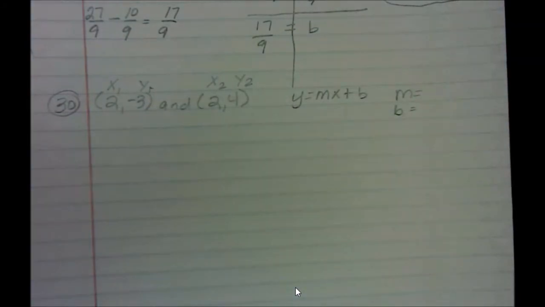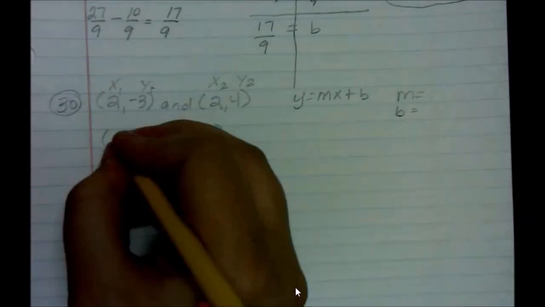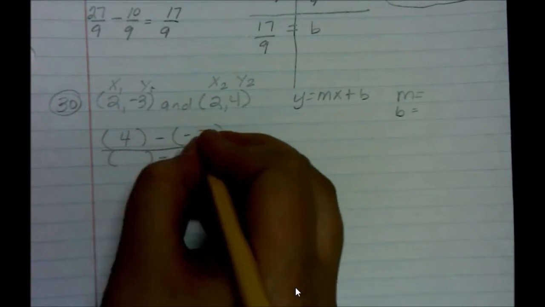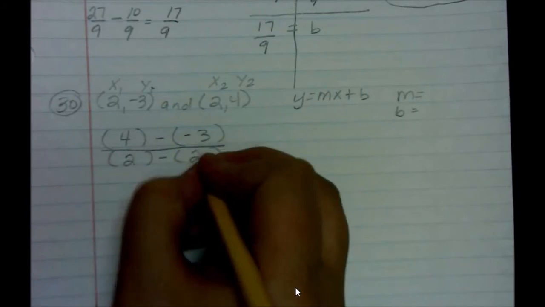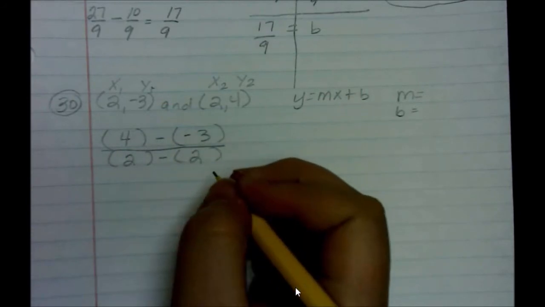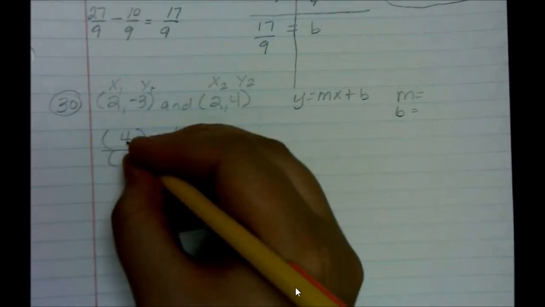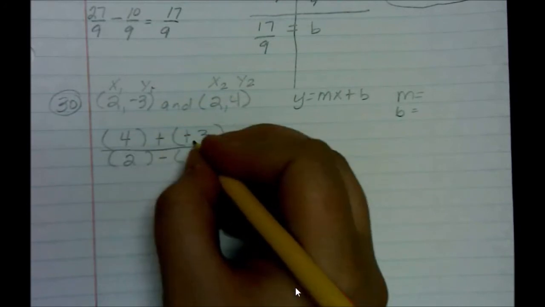So to find my slope, I'm going to write my parentheses and plug them in. y2 was 4, y1 was negative 3, x2 was 2, x1 was 2. So 4 minus negative 3. Keep, change, opposite. So that's 4 plus 3, which is 7.